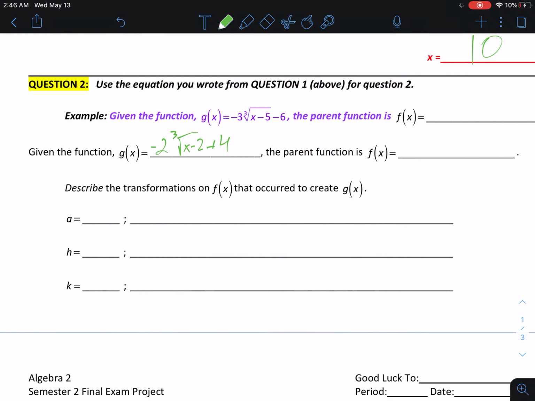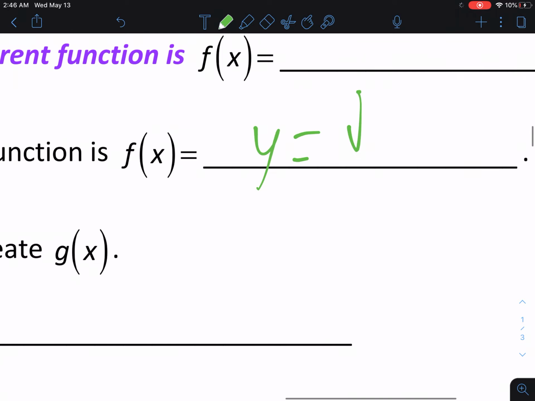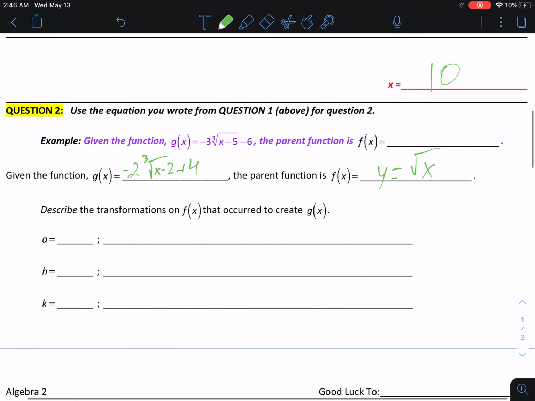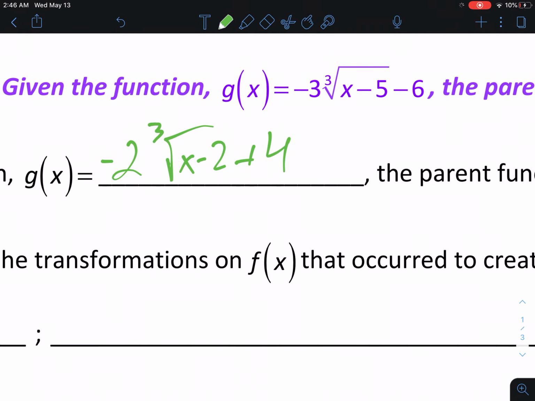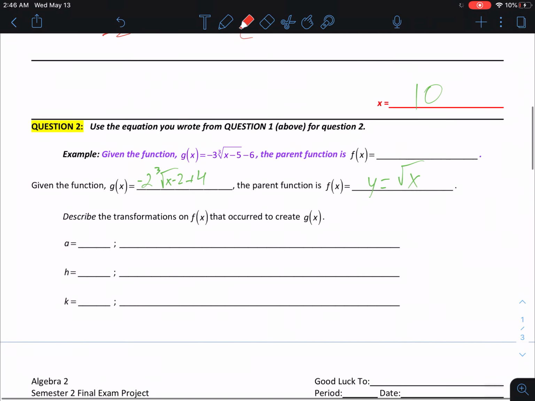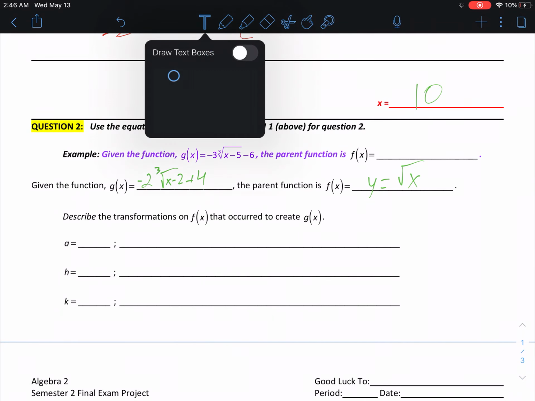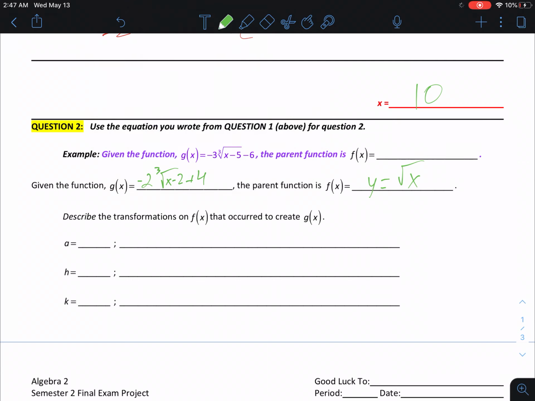And now our parent function would be y equals the cube root of x, because for this equation, we get rid of all the numbers. So negative 2, negative 2 and 4, so it leaves us with the cube root of x. So y equals the cube root of x, and it's always y equals, because it's a parent function.